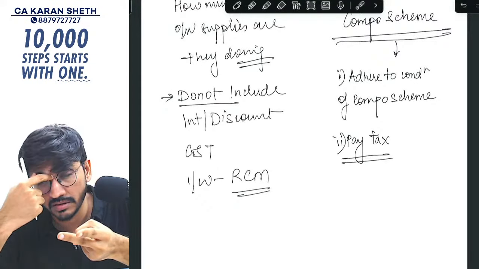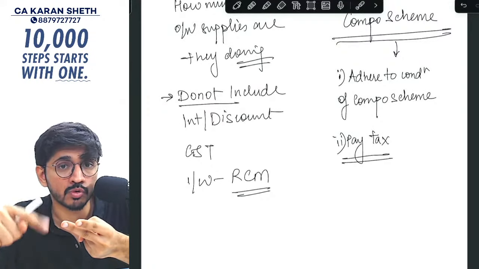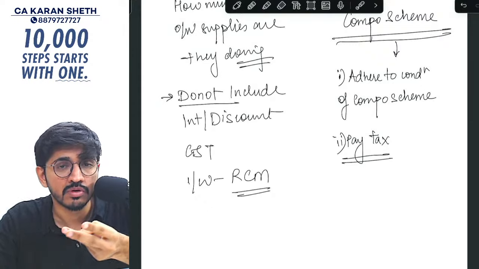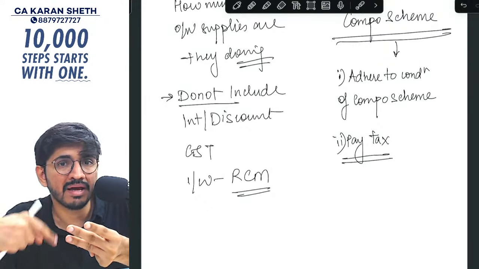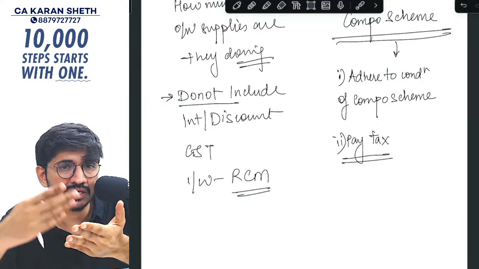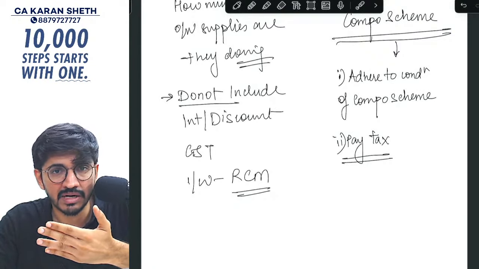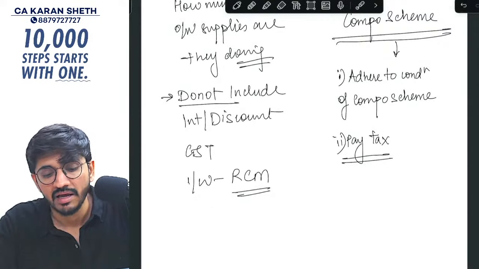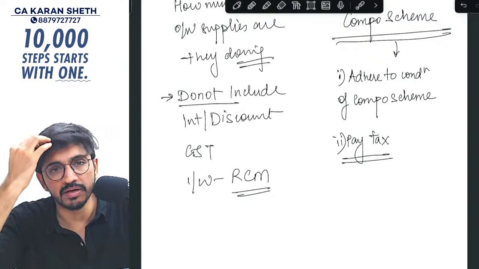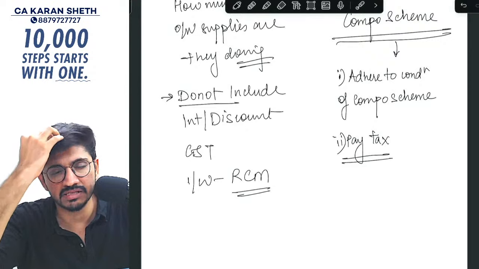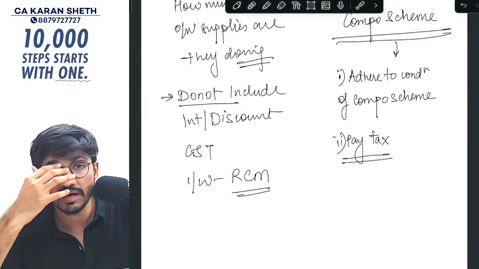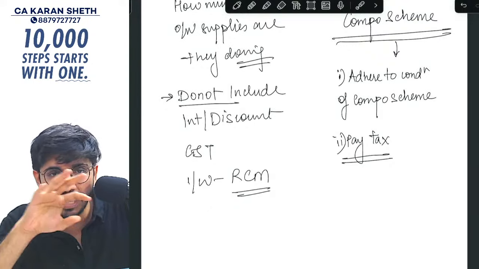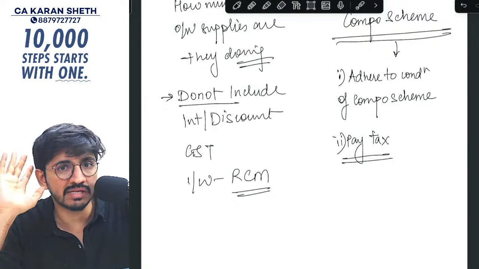You cannot supply through ECO where TCS is collected under section 52. You cannot be a manufacturer of tobacco, ice cream, pan masala, fly ash bricks, building materials and roof tiles and all of that, right? And you cannot be a CTP, NRTP, and you cannot make non-taxable supplies. These are the conditions. So you must not do these, because if you do, you lapse the composition scheme and the normal scheme starts.